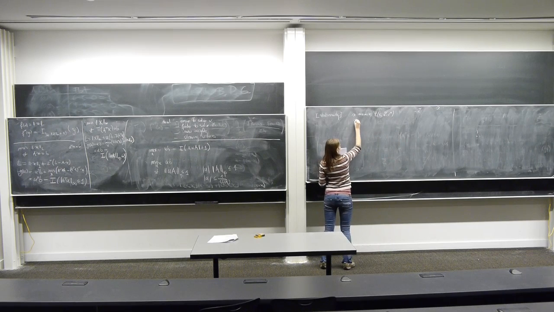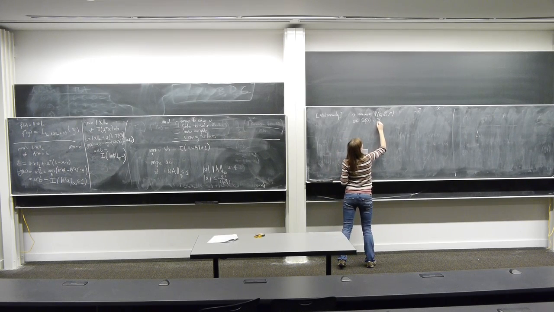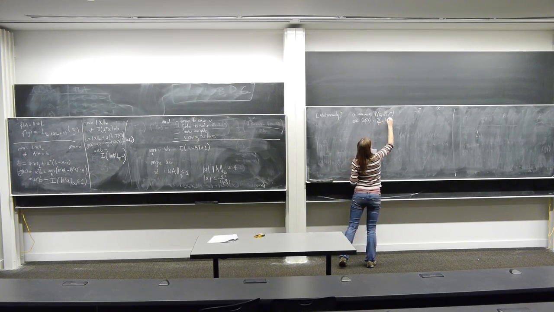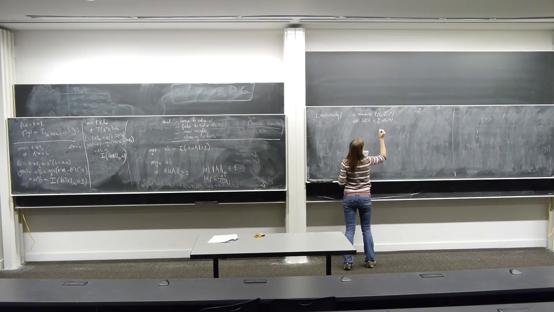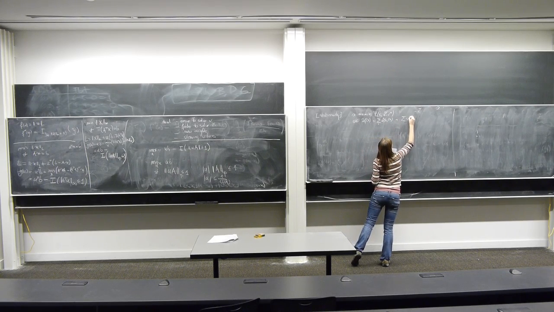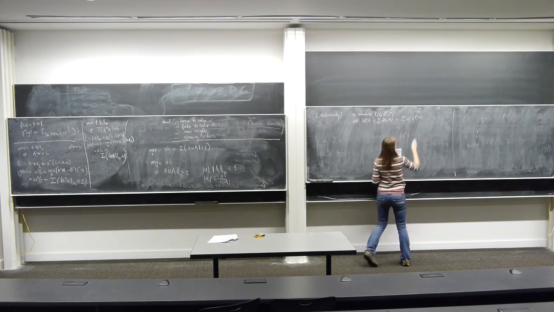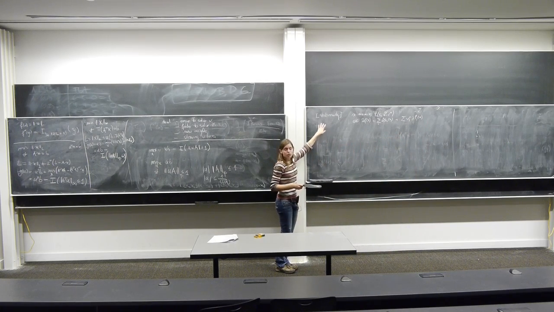This is usually written with subdifferentials as 0 is in the subdifferential of L with respect to X at X star, U star, V star. That's what we see usually.